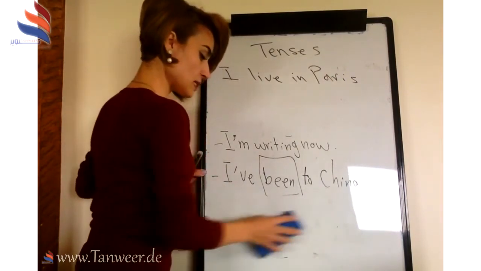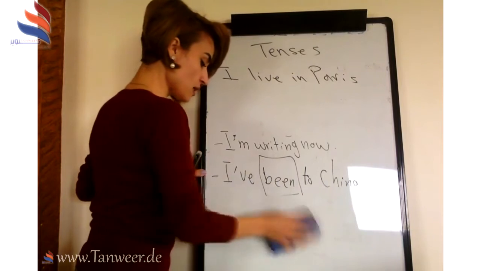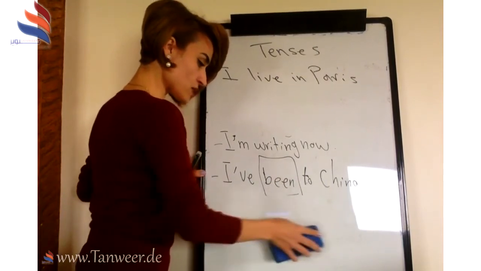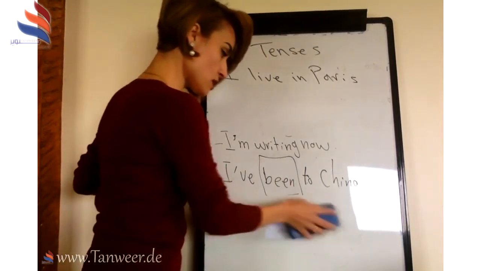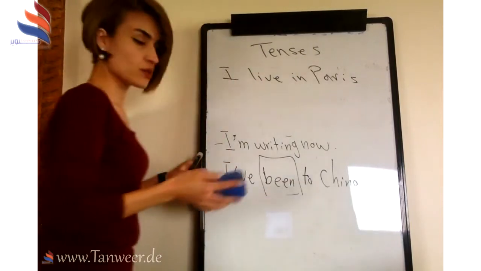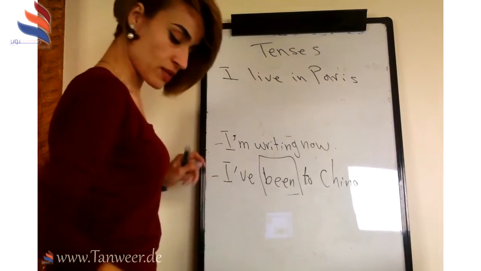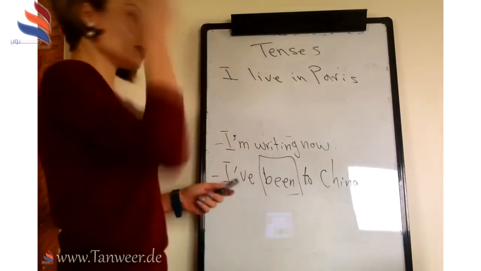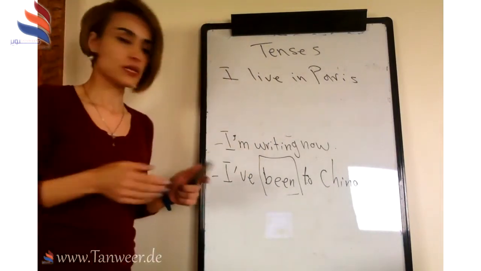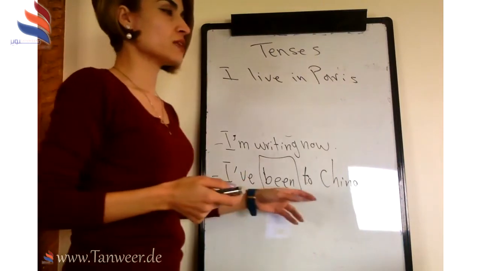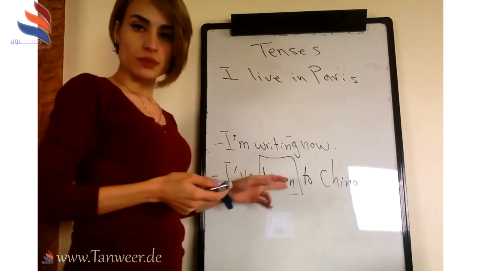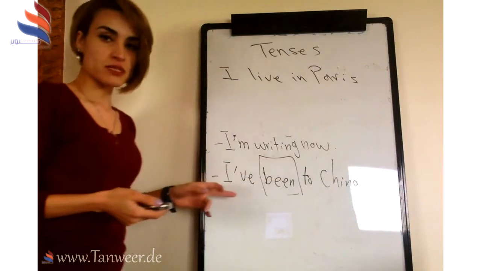It's an action that happened in the past. But somehow it's related to the present, or the result is now in the present. So it's important to know that the time of the action is not important, because it's related to the present. It happened in the past, not finished, maybe finished. We will check this, but the time is not important.